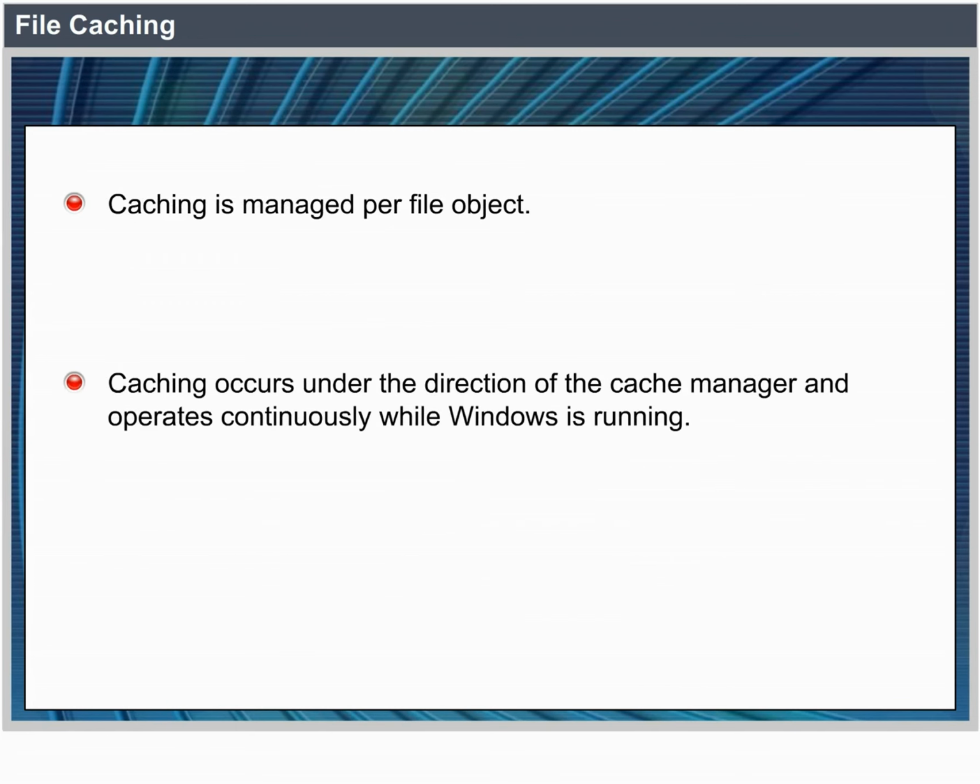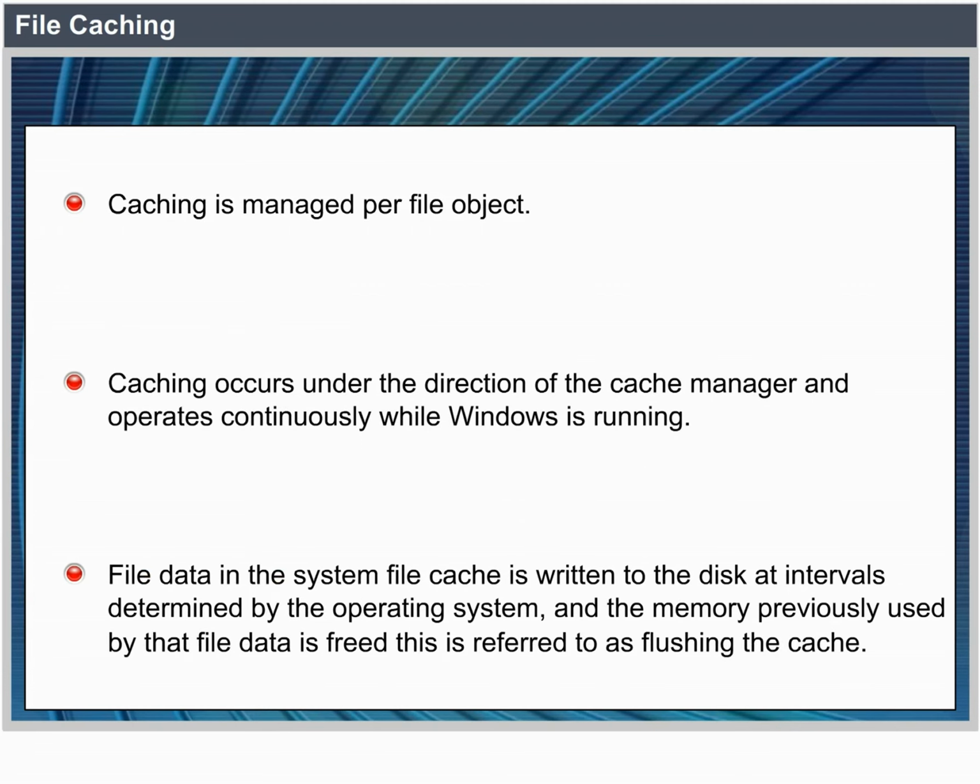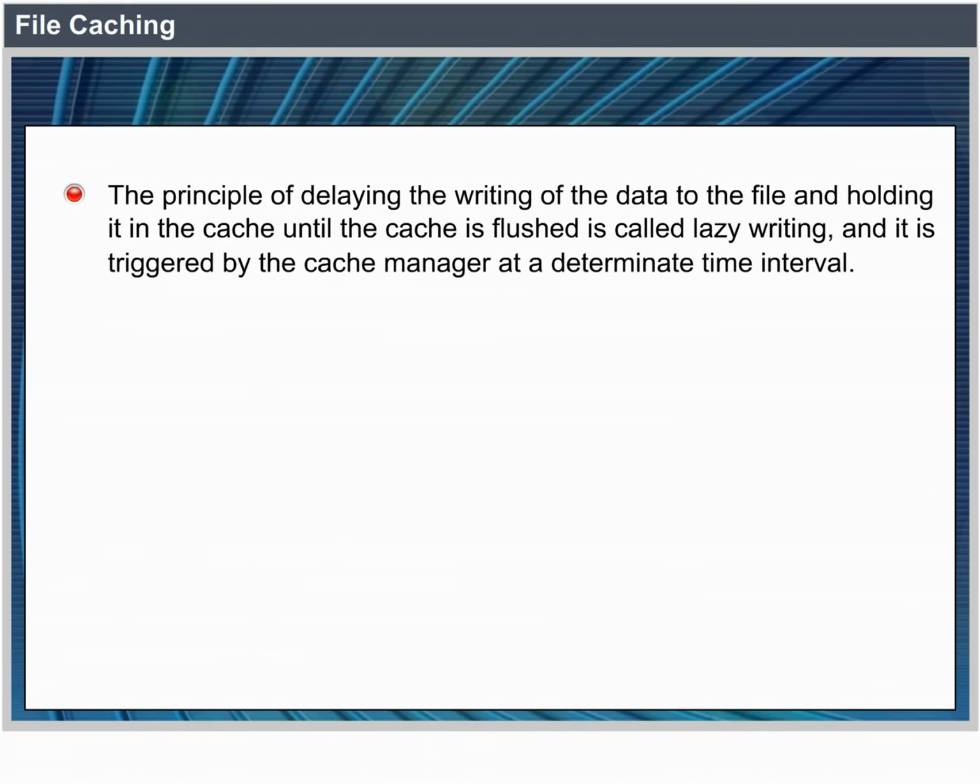File data in the system file cache is written to the disk at intervals determined by the operating system, and the memory previously used by that file data is freed. This is referred to as flushing the cache. The policy of delaying the writing of the data to the file and holding it in the cache until the cache is flushed is called lazy writing, and it is triggered by the cache manager at a determinate time interval.